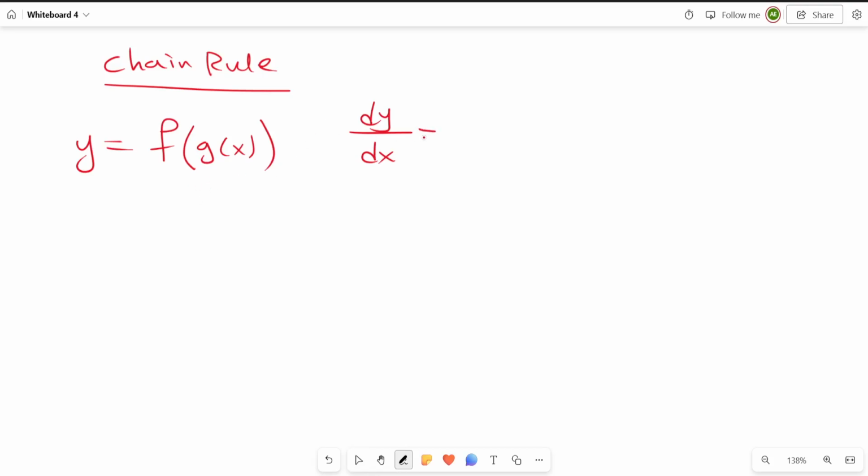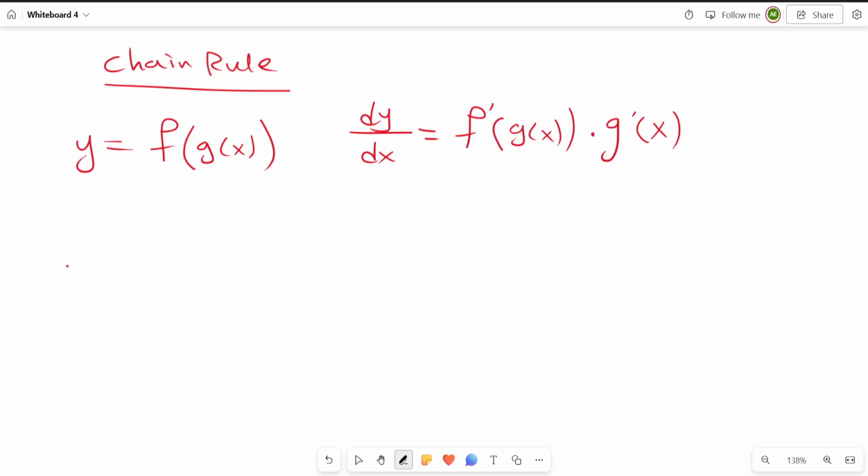So my chain rule tells me that the differentiation of something like this is going to equal the differentiation of the first function, the outer function, with g of x inside it, and multiplying by the differentiation of what's inside. Okay, so let's see how we can apply this through examples.